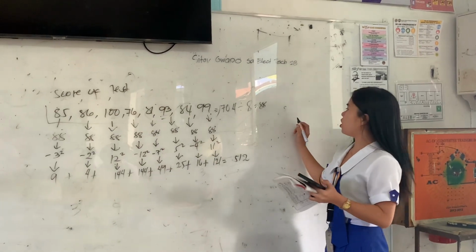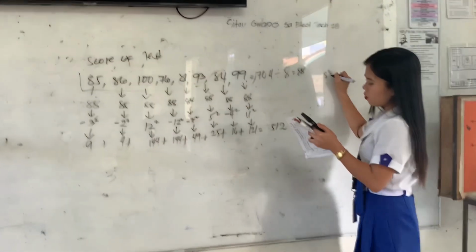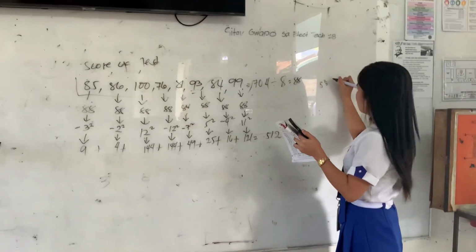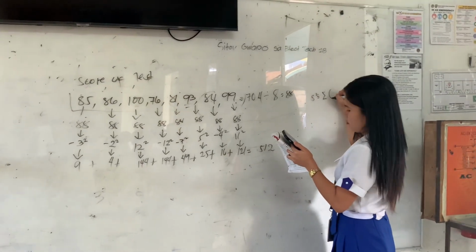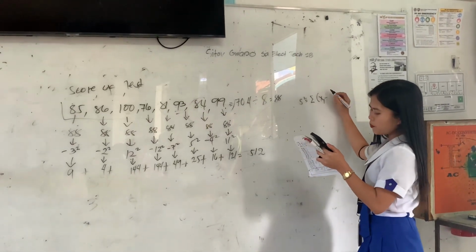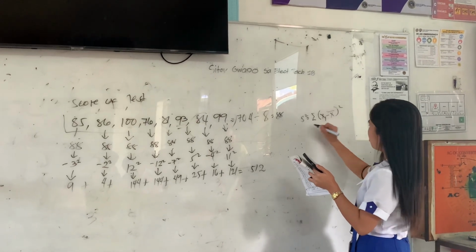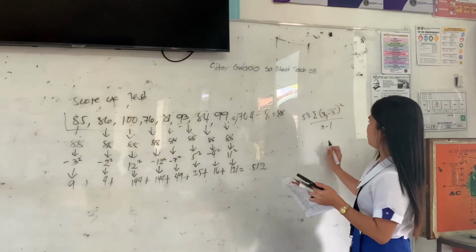Remember that our formula for variance is s squared equals the sum of each term in the data set minus the sample mean, squared, over n minus 1.